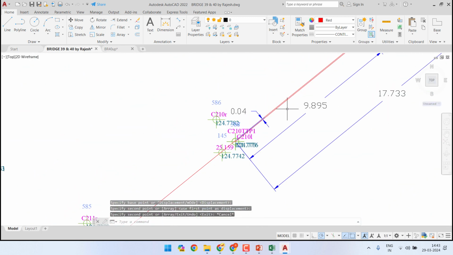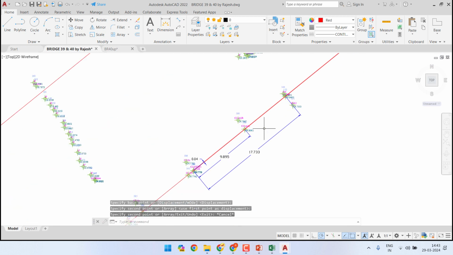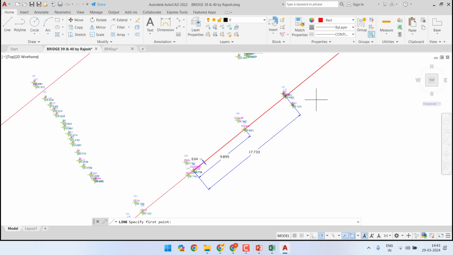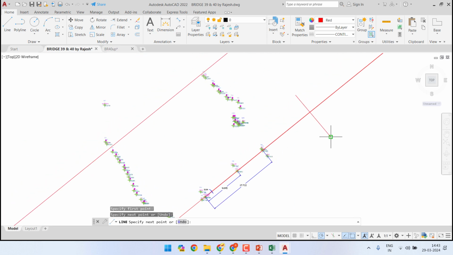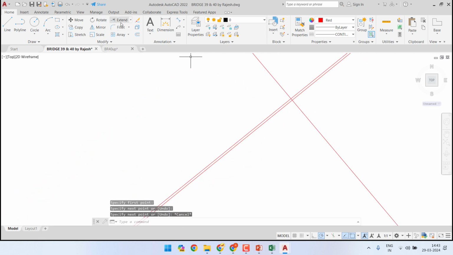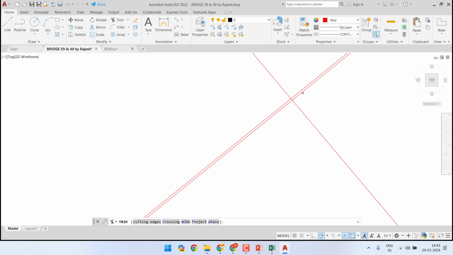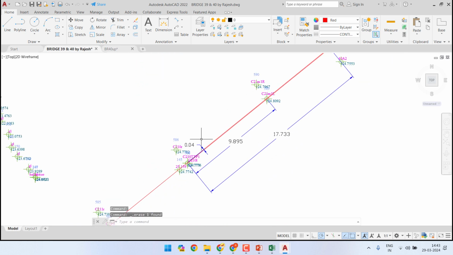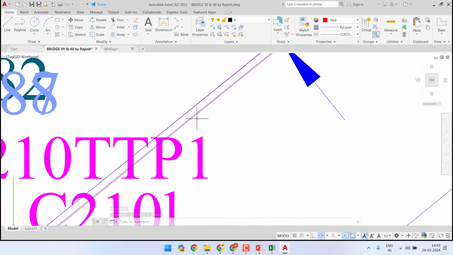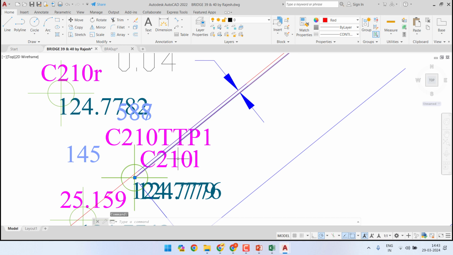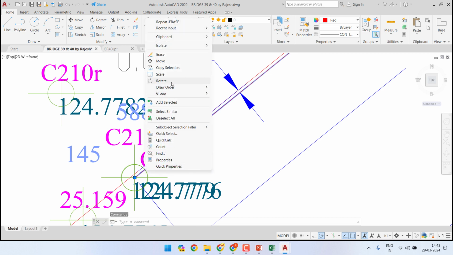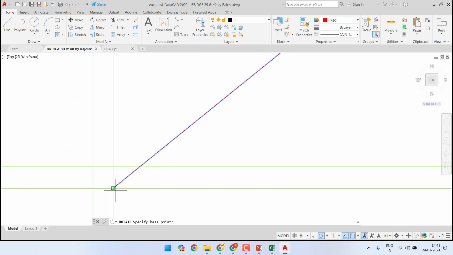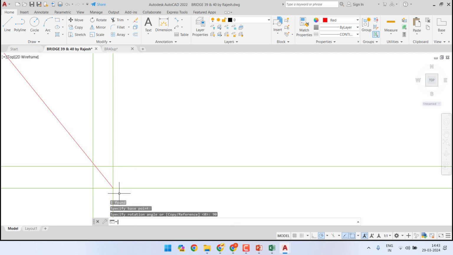Then what we will do is trim this line. Alright, delete this also. Then we will rotate this line by 90 degrees. Rotate 90.